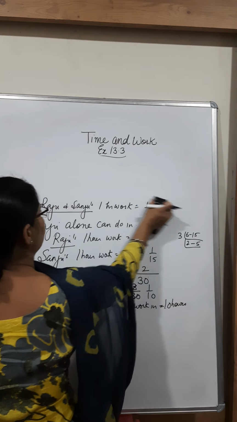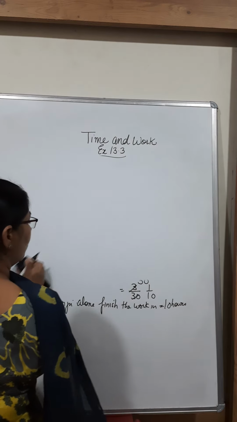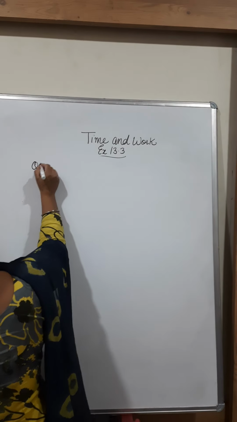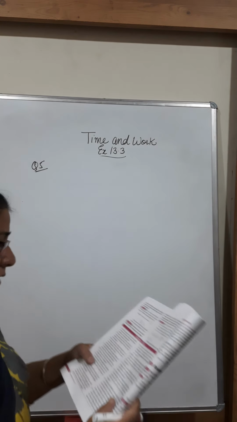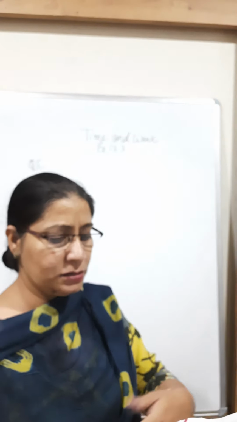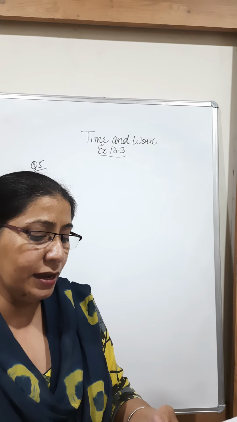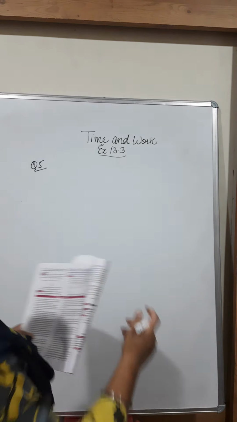In question number 5, beta, you see what is given to you? You are given 3 persons. Which are the 3 persons? A, B, C. A can do the piece of work in 8 days, B in 12 days, and C in 15 days.